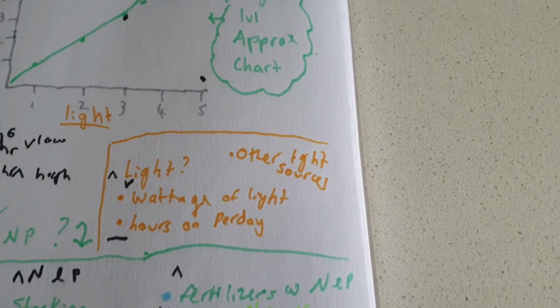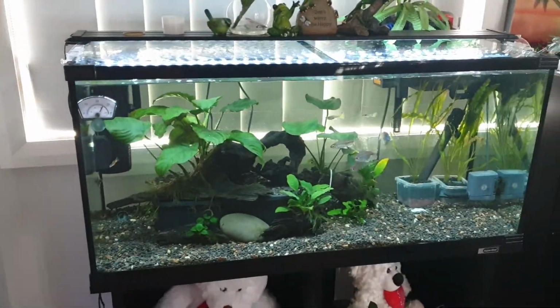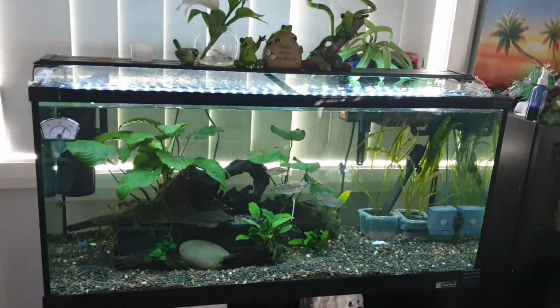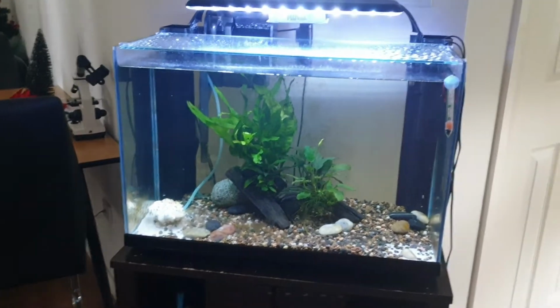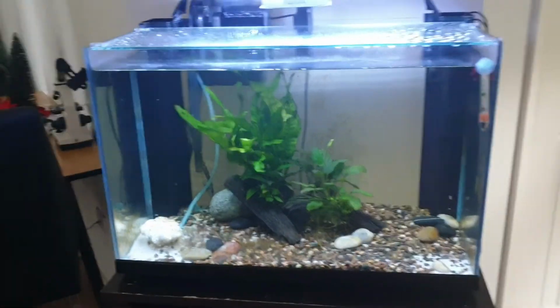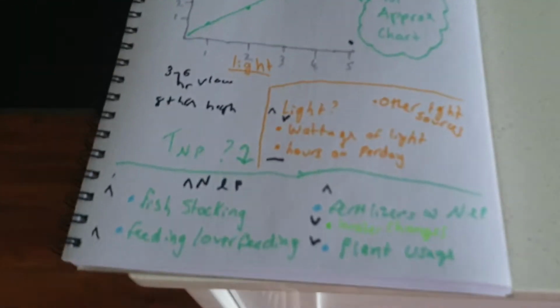And then there are other light sources like windows. If I had that window here open all the time, that would be a lot of light. It's actually closed, and that little amount of light there is probably going to cause algae on the back as well. And the same with this tank here. There's a window just right there, which is probably causing a bit of algae. So external light sources is another factor.